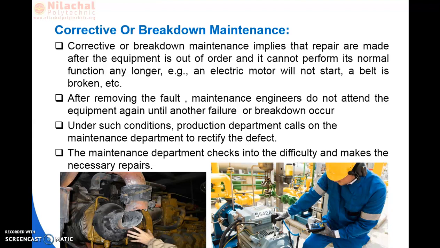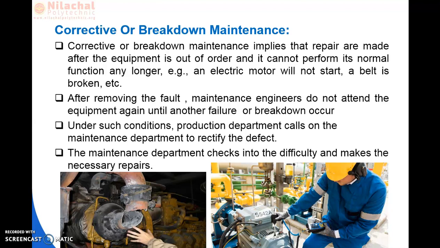For example, the motor does not start, the belt is not winding upon the pulleys, the lead screw does not rotate, the tool post does not move, the greasing of the machinery does not take place, or centering is not correctly done by the lathe machine. These are breakdowns occurring in machines, so these are breakdown maintenance.